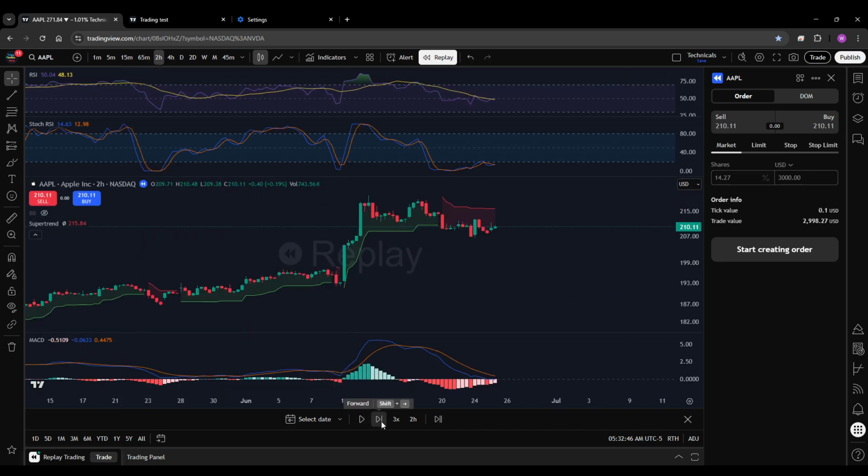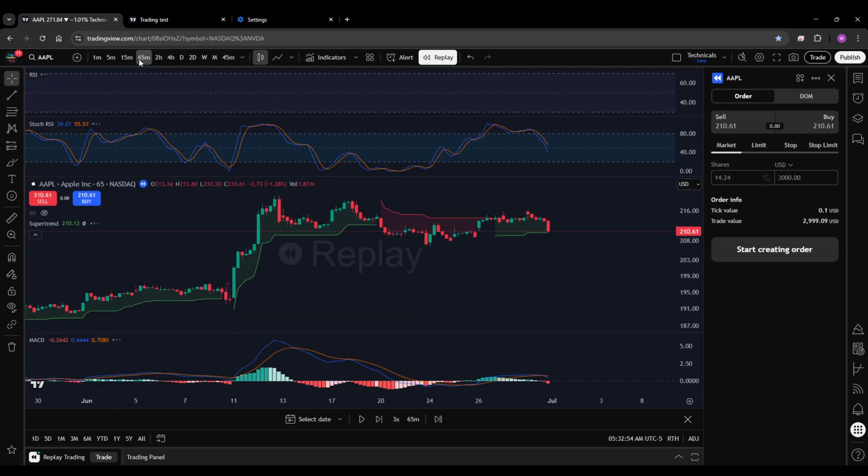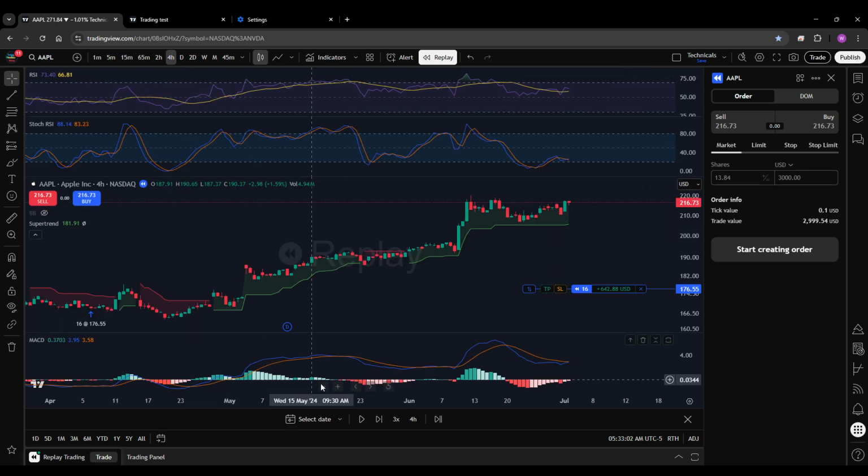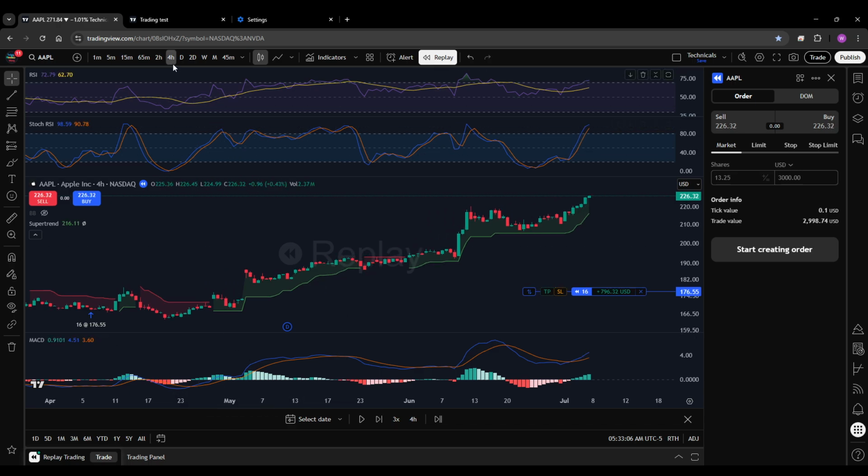I'm just checking to make sure. Can we get a green super trend? Okay, we're getting a green super trend on the 65 minute. Let's see if that follows up. It did. It followed up.